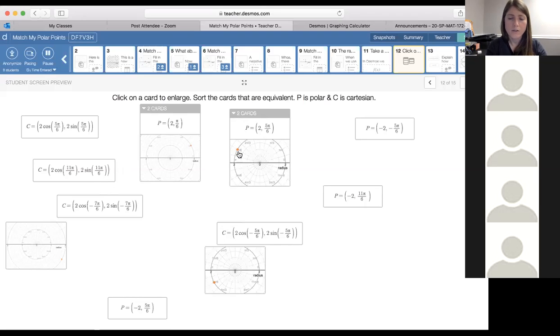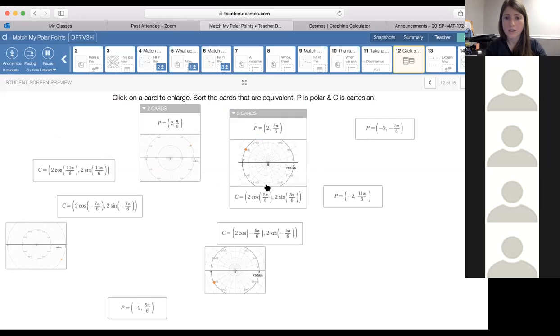And notice for this one, if you think about the coordinates of this, the x coordinate would be 2 cosine 5 pi over 6, and y would be 2 sine 5 pi over 6. So in this case, notice these Cartesian coordinates line up nicely. Now, if you were to actually say, what is 2 cosine 5 pi over 6, 2 sine 5 pi over 6? We could do that if we looked at our unit circle.